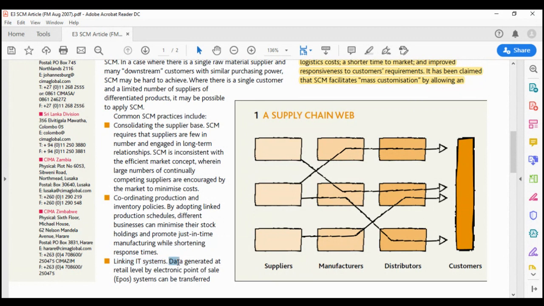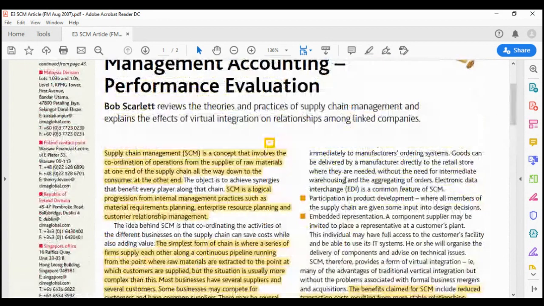So data are gathered firstly by the point of sale or the till system, and this information is transferred immediately to the manufacturer's ordering system. So as soon as the economic order quantity, or the optimum order quantity, is reached, a message is automatically sent to the manufacturers.